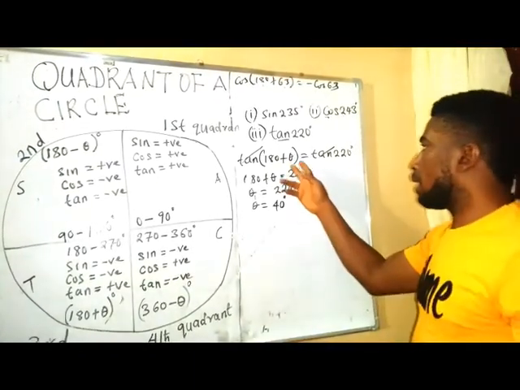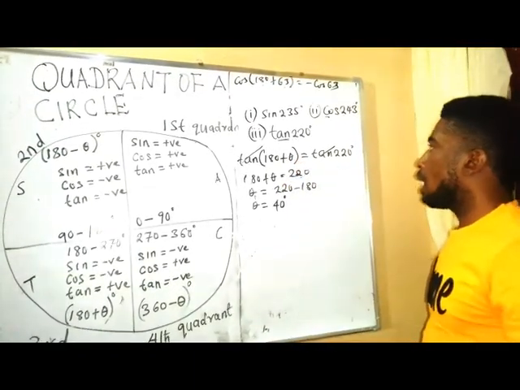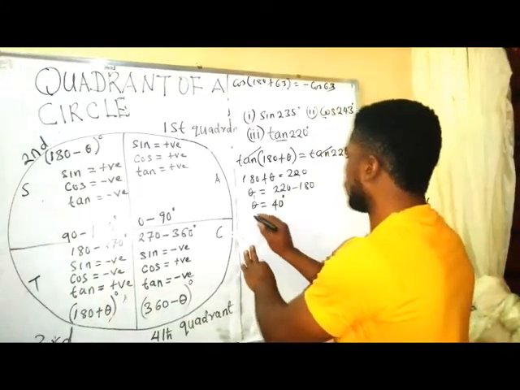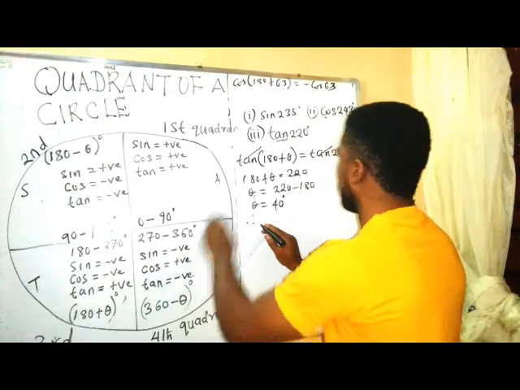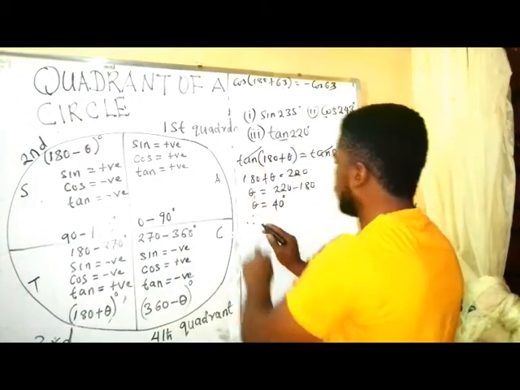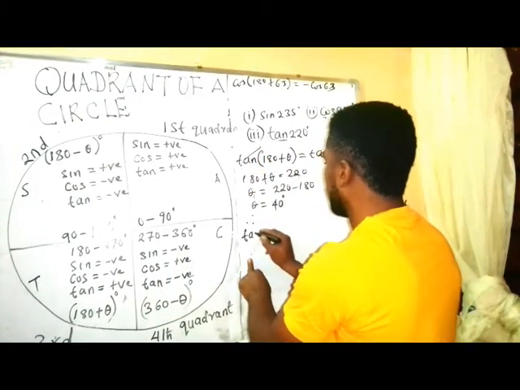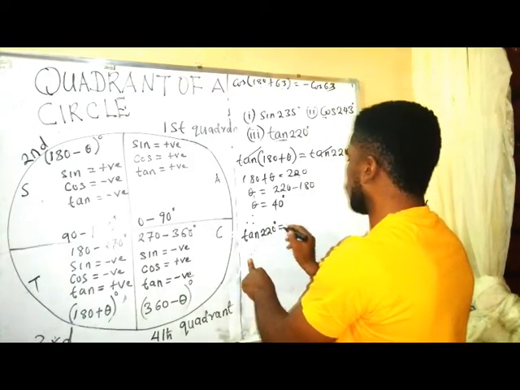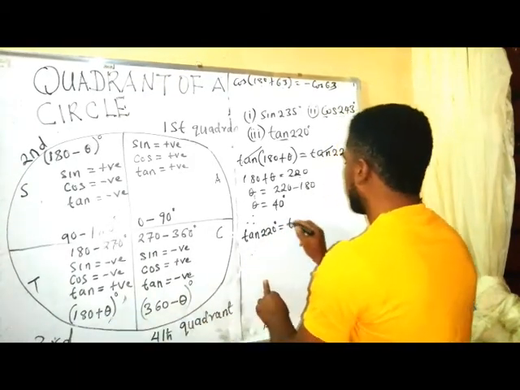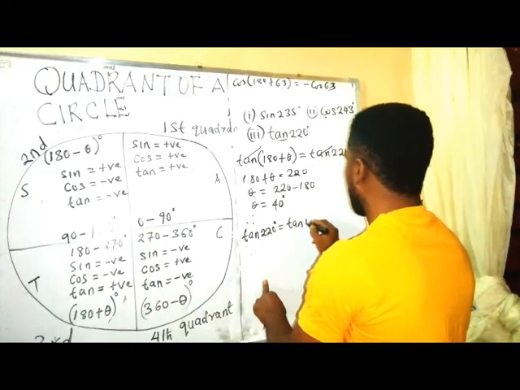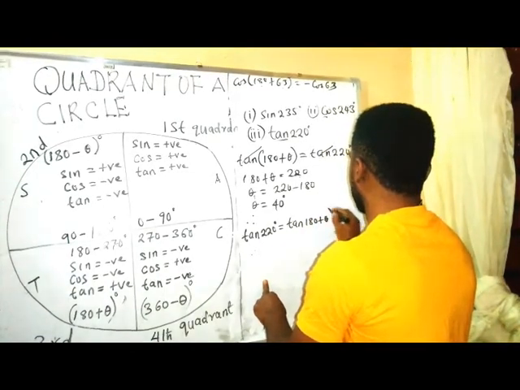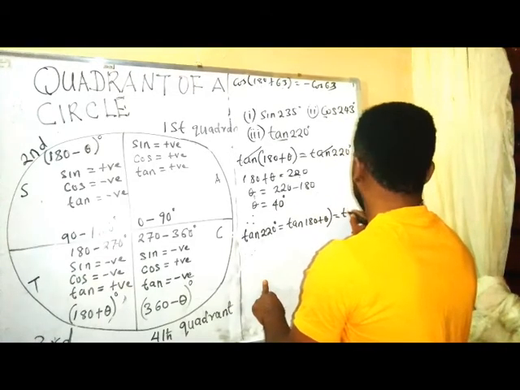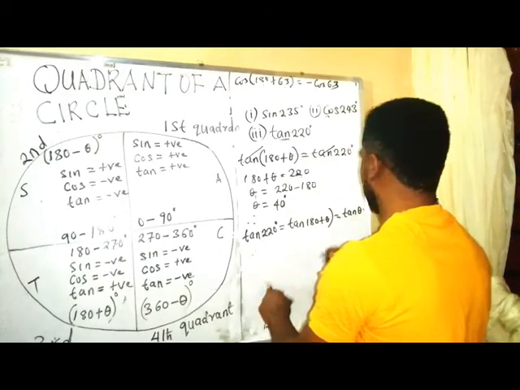Having gotten my angle as 40 degrees, I will now go back and put it here, and therefore I can tell you that tan 220 degrees is also equal to tan of 180 plus theta, and that is equal to tan theta.